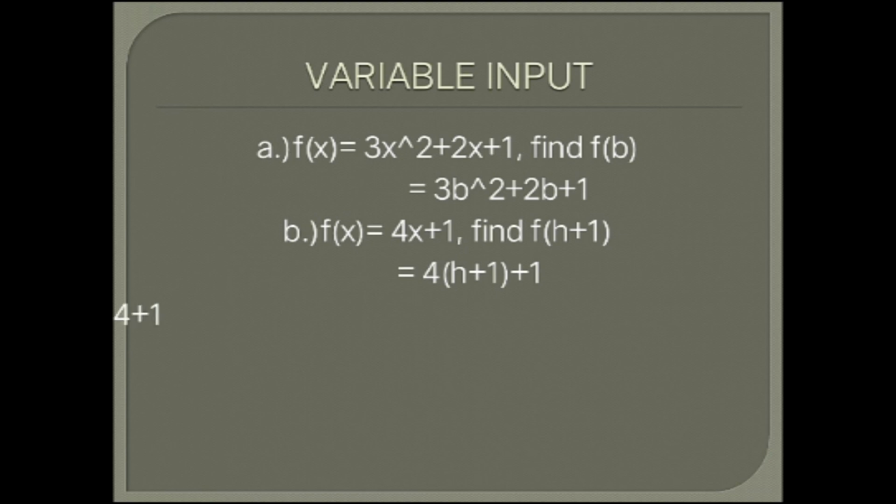Then solve. As you can see, we have a binomial input, so we have to use the distributive property. So we will have 4h plus 4. Then bring down 1, so we will have 4h plus 4 plus 1. Then simplify and you will have 4h plus 5 as an output.